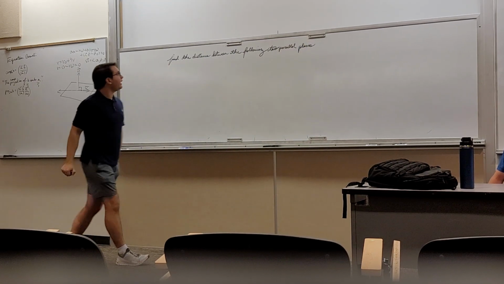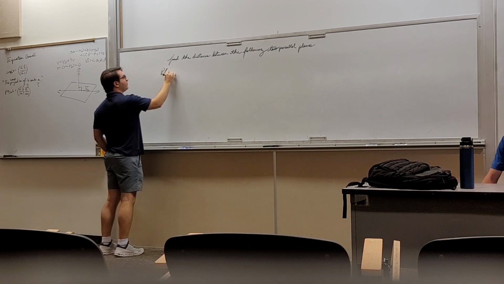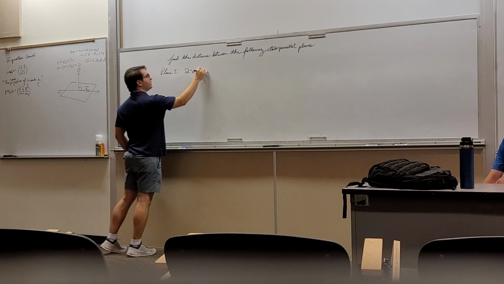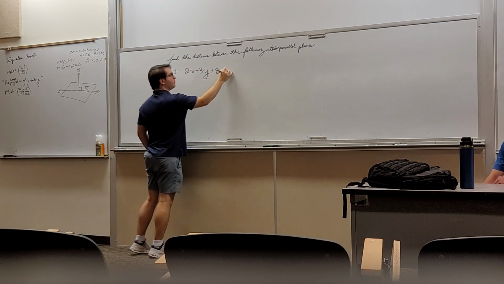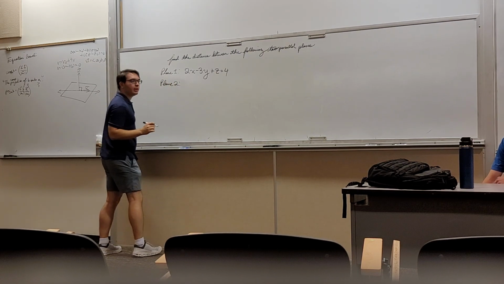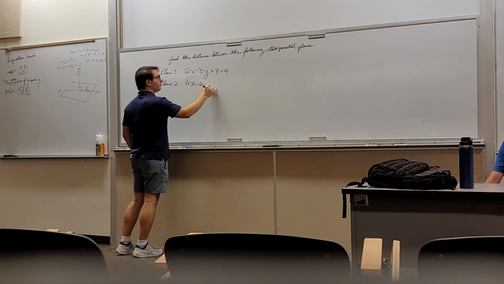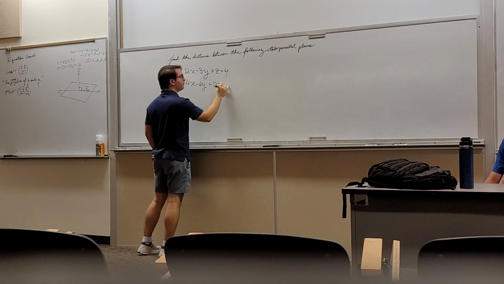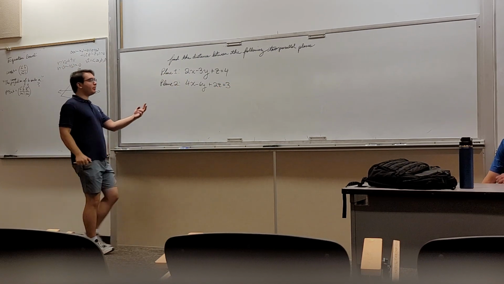So we're asked to find the distance between the two following parallel planes. Plane 1 is 2x minus 3y plus z equals 4, and plane 2 starts with 4x. First we see that they are parallel because of the normal vector.